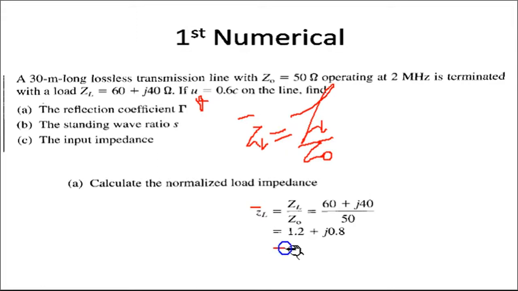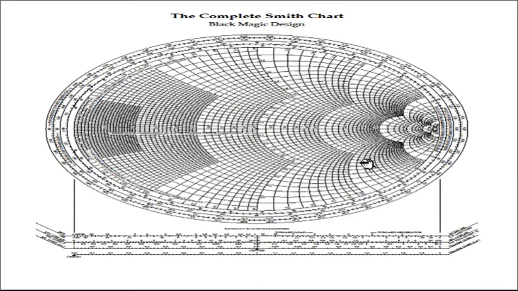Okay, so let's compare it with the standard equation, R plus jX. Now what I told you, R means complete circle, X means arc. Let's go back to the Smith chart. Now try to find the circle of 1.2. See, here it is the circle of 1. If I start moving towards the right hand side, I will get 1.2, 1.4, 1.6. I am just assuming that this is the circle of 1.2.